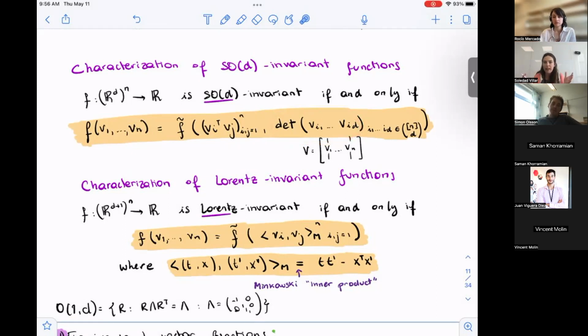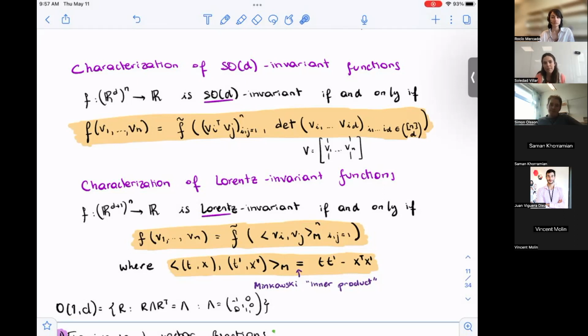So if you want a kernel that is SOD invariant, and it's a function of two vectors, it won't be able to recover the SOD invariant functions, because the invariance requires you to have D vectors. Does that make sense? Yeah. Because you need to take the subdeterminant. Yeah, because you need the sign of the determinant to determine the parity, right?